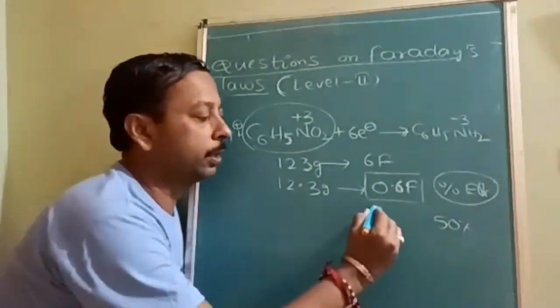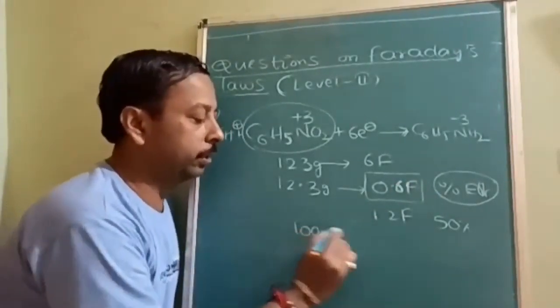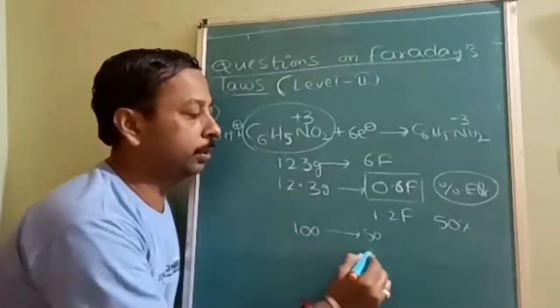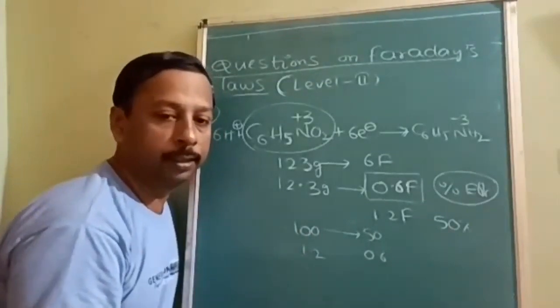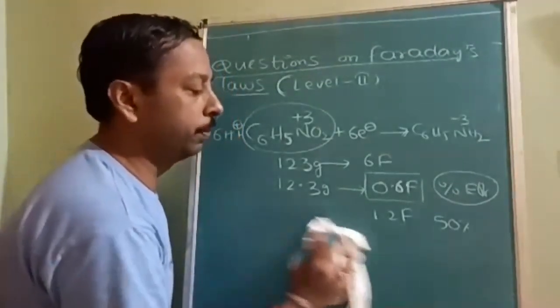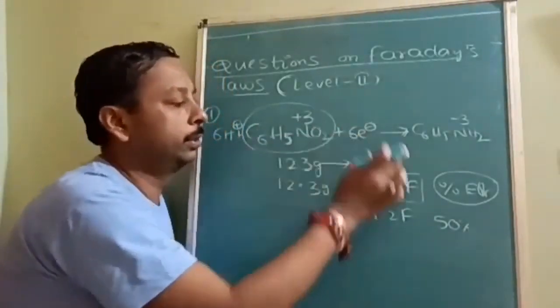Very good. The answer is 1.2 Faraday. If we give 100, they will take only 50. So if we want 0.6, we have to give 1.2. Is that clear? So if efficiency is only 50%, we have to use 1.2 Faraday. Out of that, 50% will be utilized in this reaction.